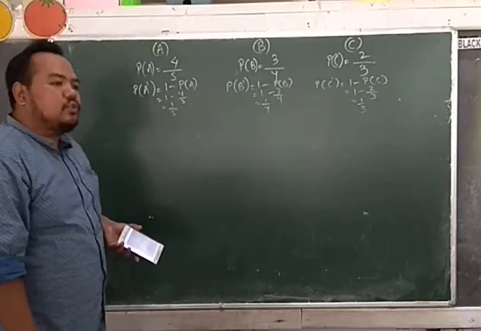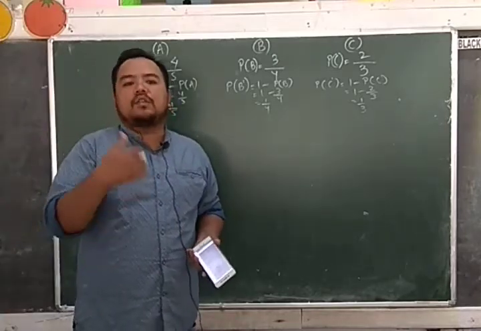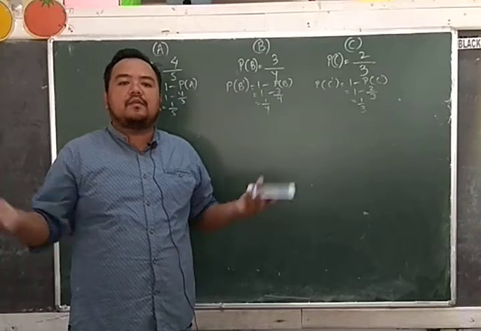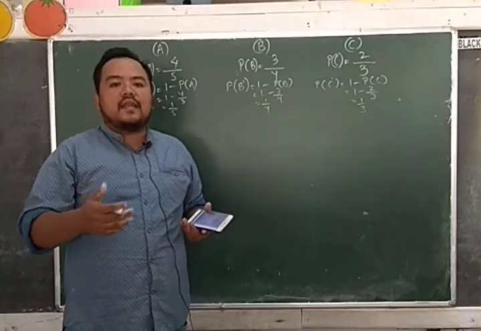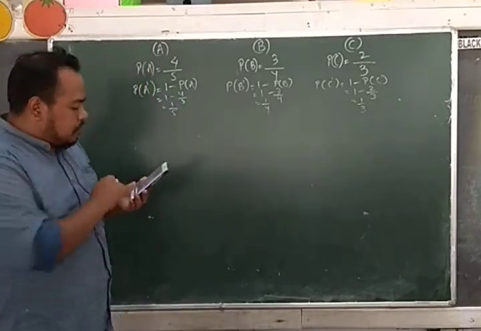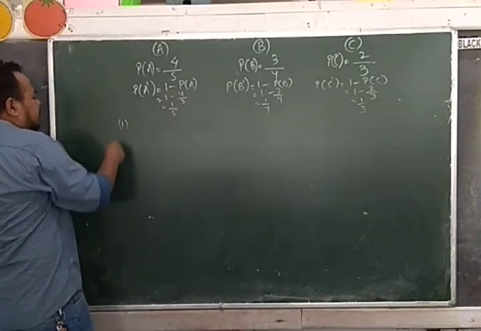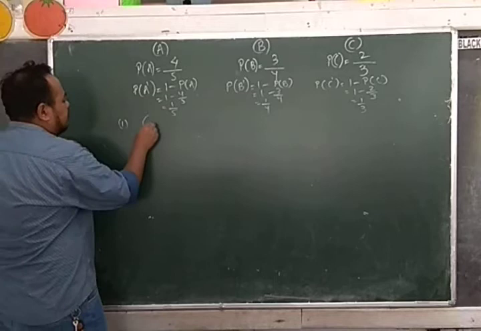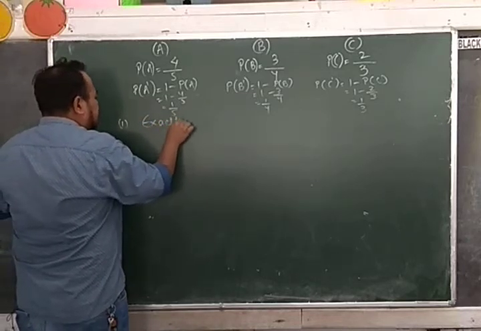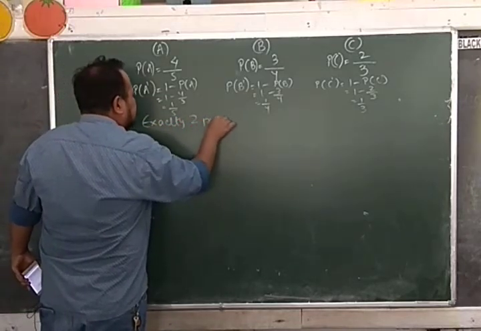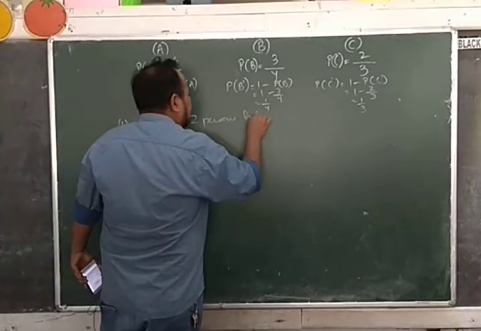Now the next thing we need to know is, what does AND mean and what does OR mean? AND means they will happen together, and OR means either this or that. Now number 1, exactly 2 persons hit the target.